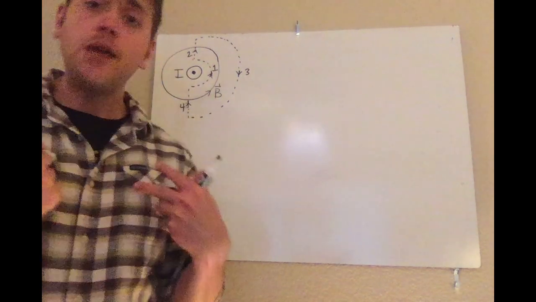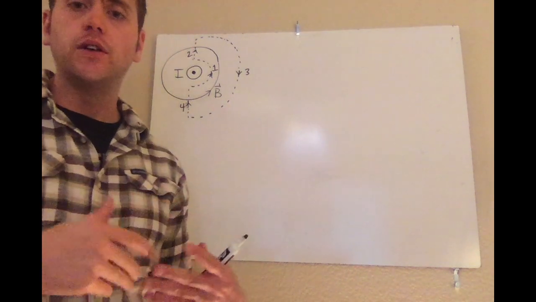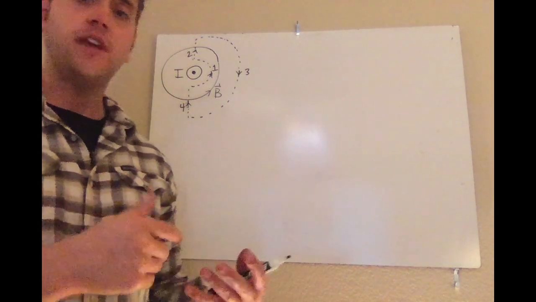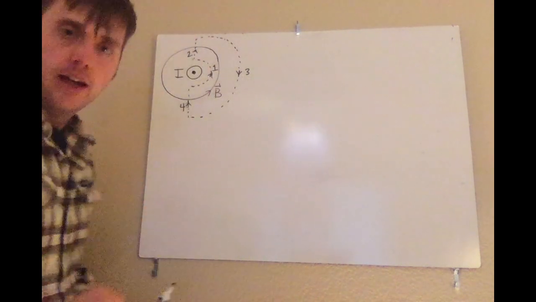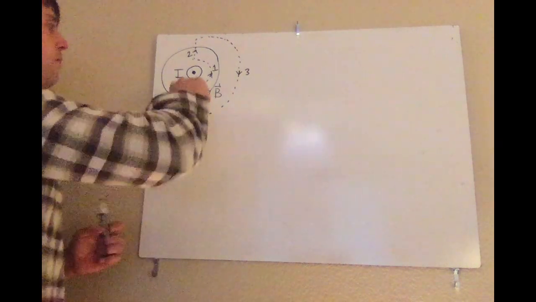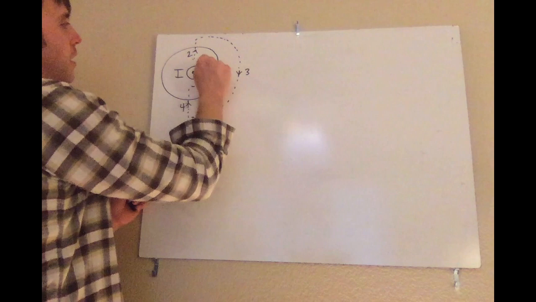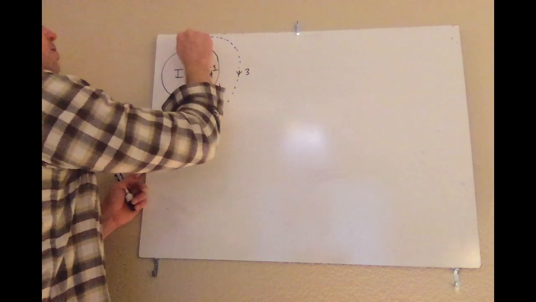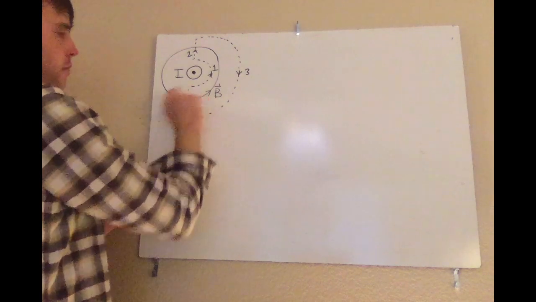Okay? What I'm interested in is integrating over this magnetic field along a certain path. In this case, my path is going to be a complete closed loop, and I'm going to construct it in 4 different pieces. First, I'm going to go in a half circle like this. Then I'm going to go straight up, then in another half circle like this, and then back to where I started.